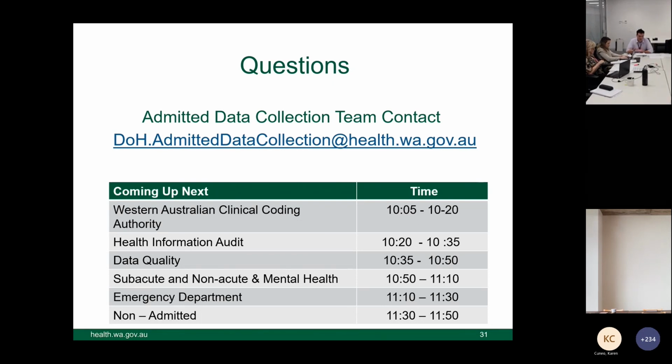If you don't have access to the master file, or for any other data requests that are more complex and can't be solved with the master file, the best option is to contact the admitted data collection team via our mailbox, and we can review the request and forward it on to an analyst here at DOH to extract the data. For any research-related queries, such as from external university researchers, the request must go through the Research Data Services team, as approvals and justification is required.